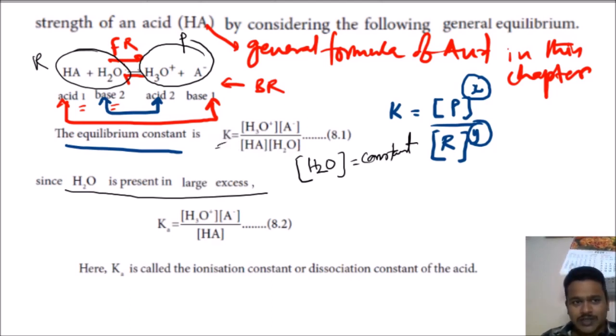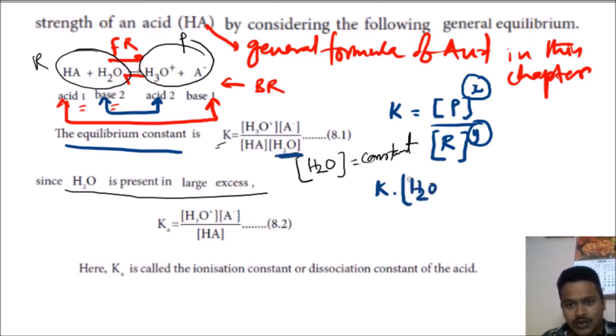What is the expression I can write now? See here, already K is there. K into this H2O is there, so I will send that to the other side. H2O is a constant value. What remains here?